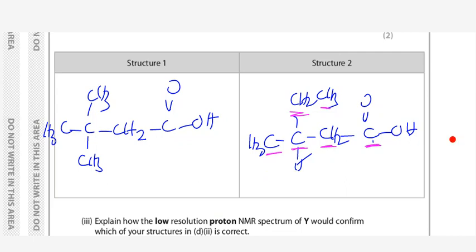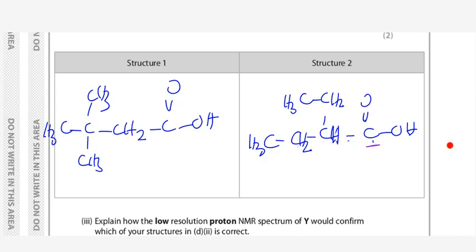Okay, we can do this. We can shift the methyl group to the second carbon, and we have 2 CH2 groups, each with a CH3.